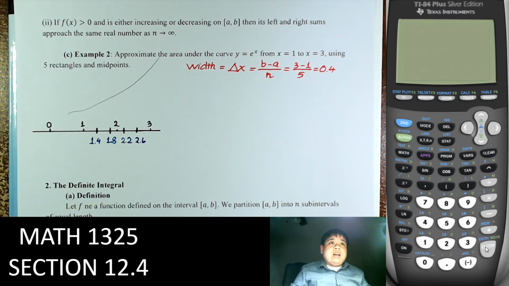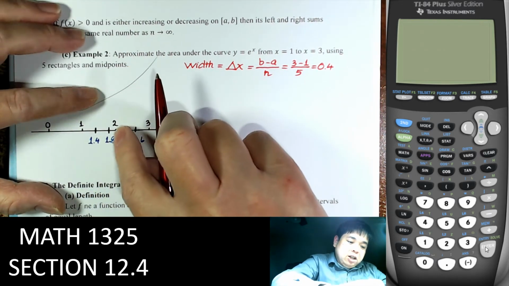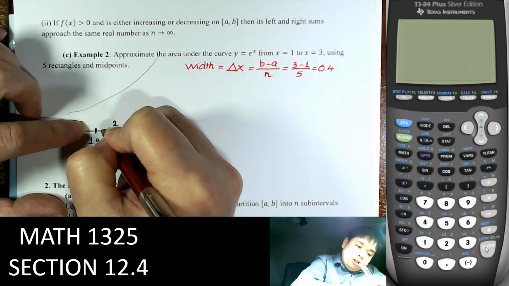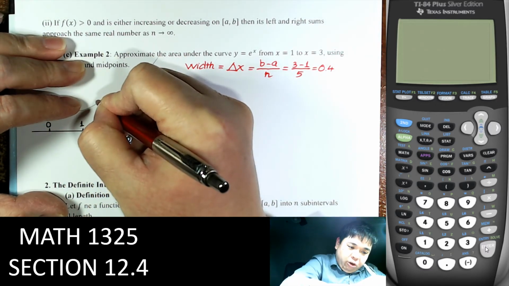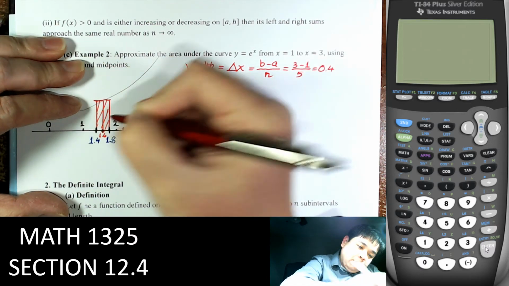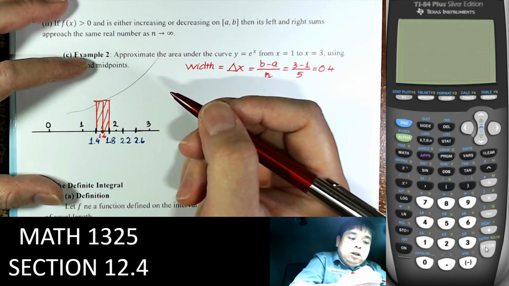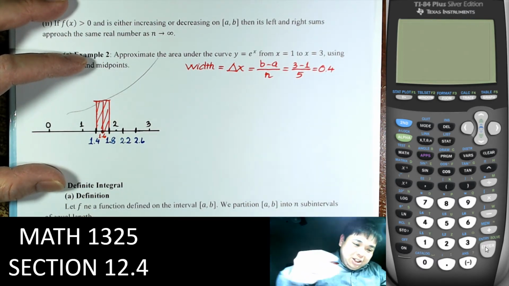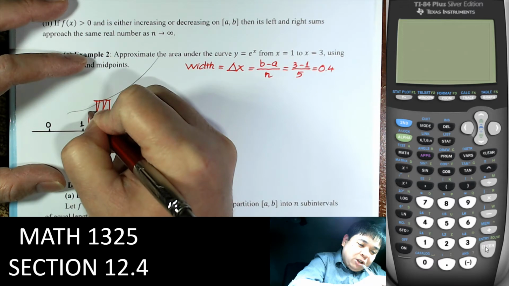Now, for this one, we actually use the midpoint to find the height. The first rectangle is from 1 to 1.4, so the midpoint between 1 and 1.4 is 1.2, and that's the first rectangle.